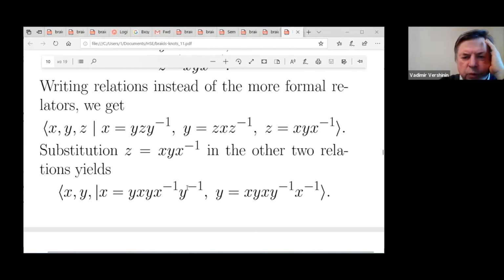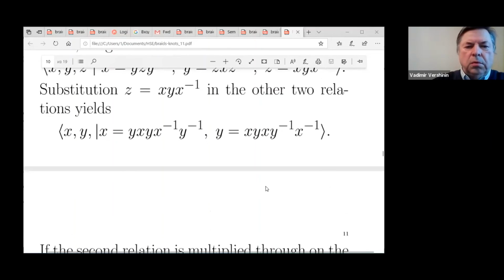X is equal to this one, Y is equal to this one, and formally you should write down Z, but using the Tietze transformation number 3, I think, you can get rid of this because it's just Z equal to a word. You can write or you can erase the word. So you have just two relations. X is equal to this one and Y is equal to this one.